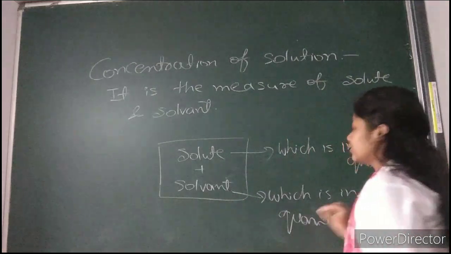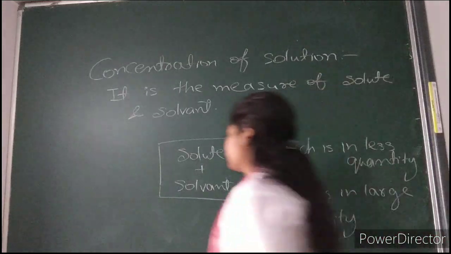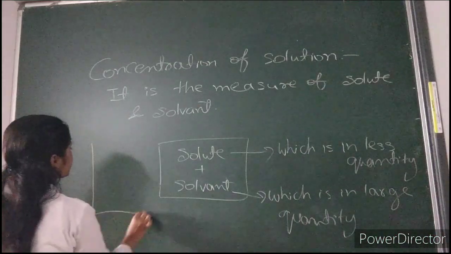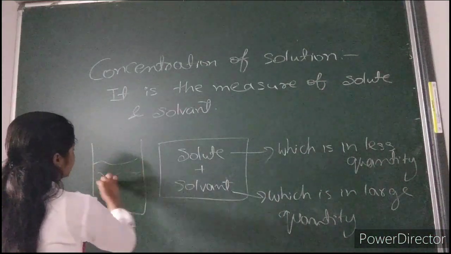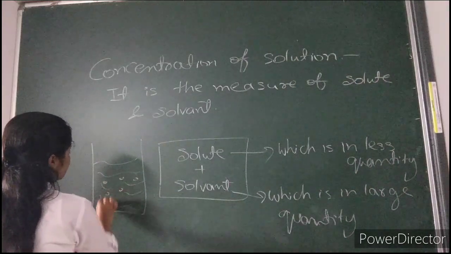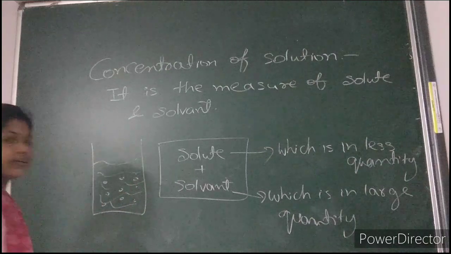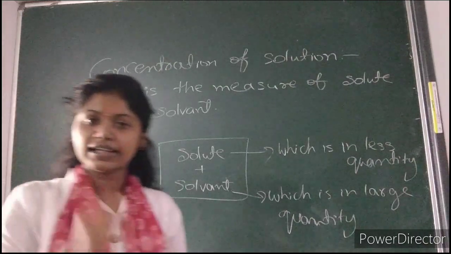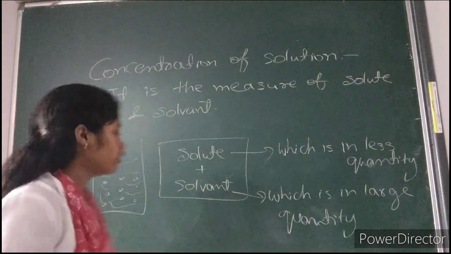Yes? So, let us take one example. Suppose we are taking a glass of water. Here we have the water and here we have the sugar particles. So, students, the quantity of sugar particles is less in the sugar solution.